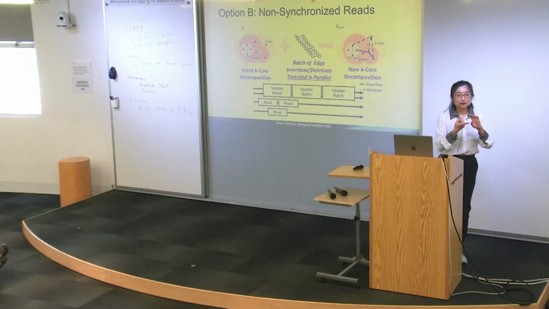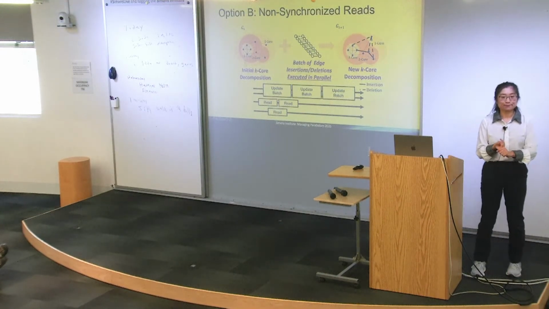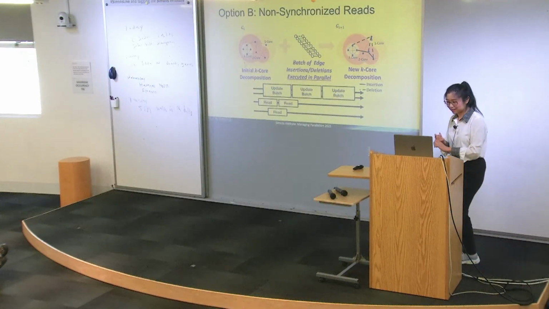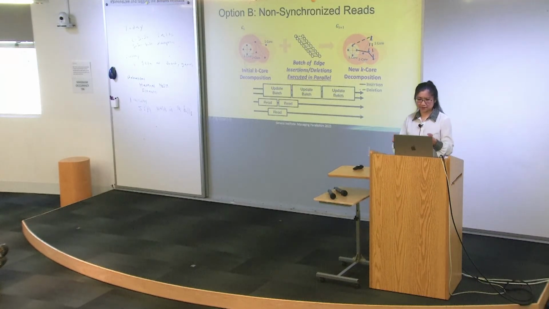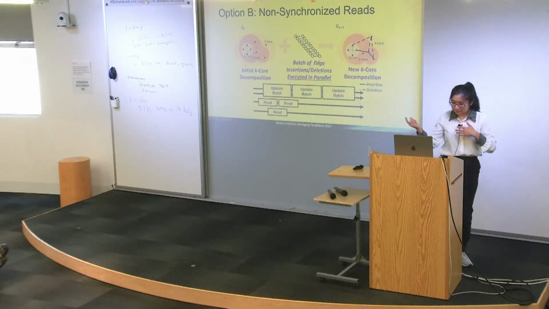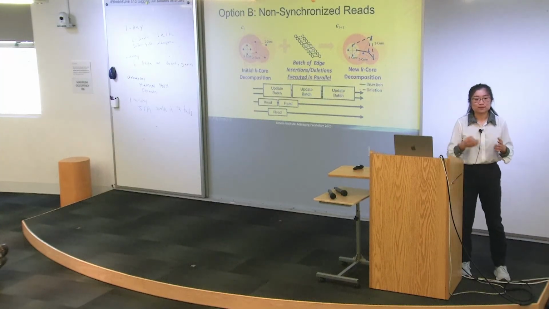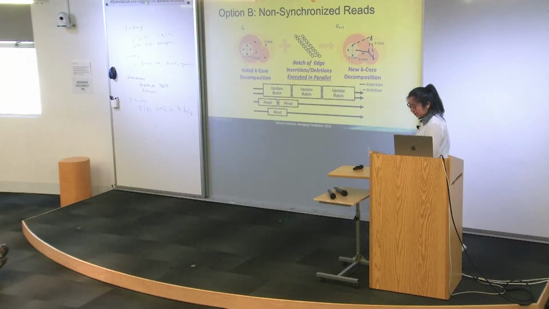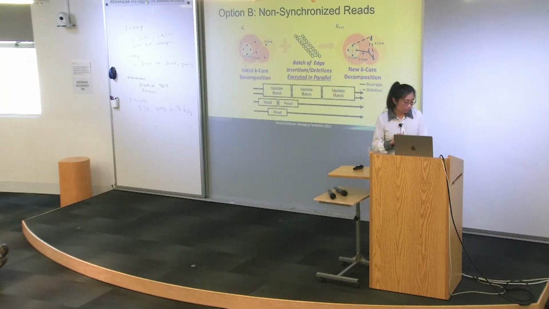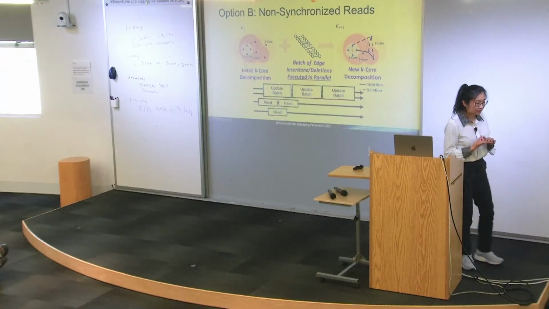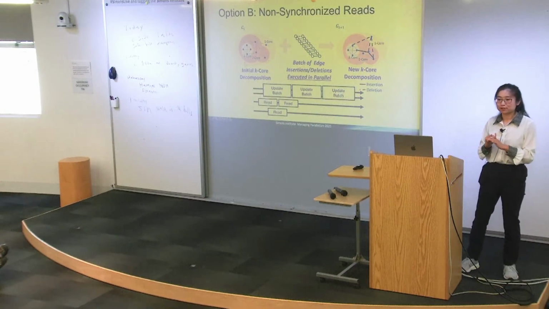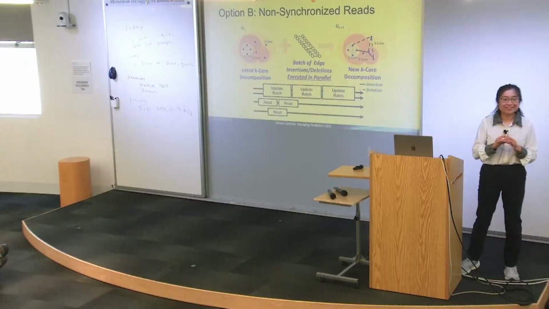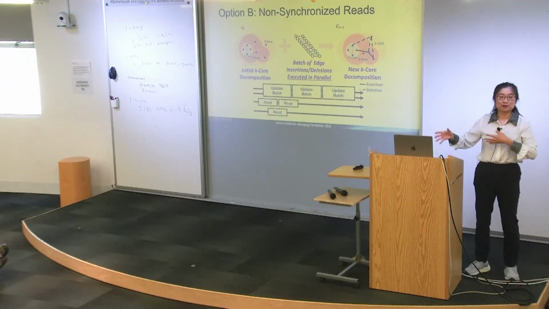The first one is it increases the space, 2x space, whereas a lot of the results here, or our paper, use less than 2x space. So that's the first thing. The second problem with keeping multiple copies is that one of your copies is going to be pretty stale by the end of the time that you update your newer copy.